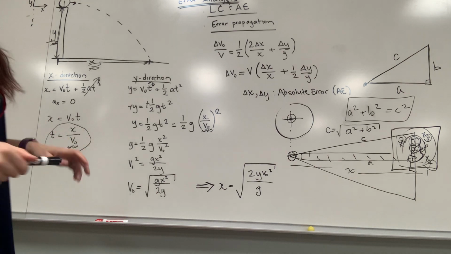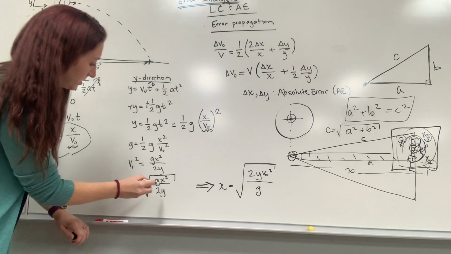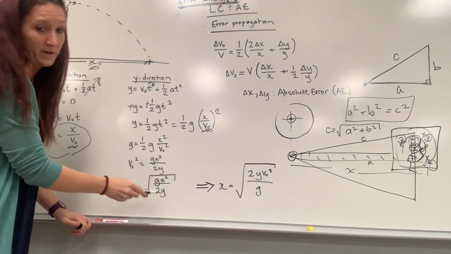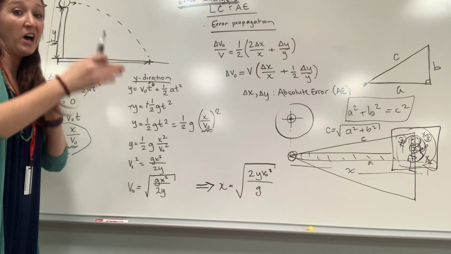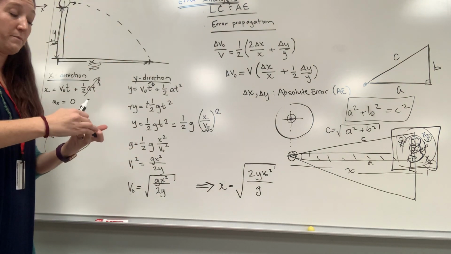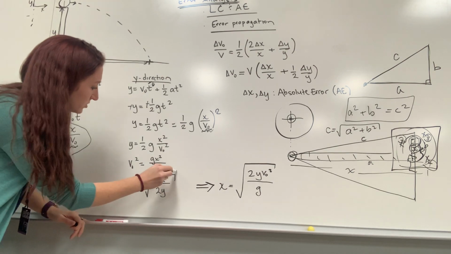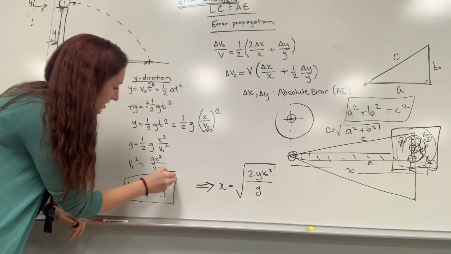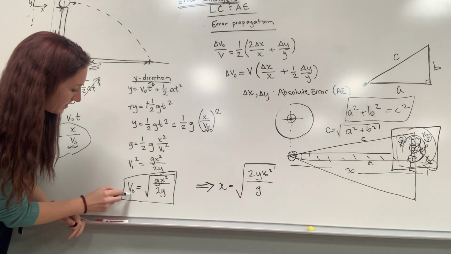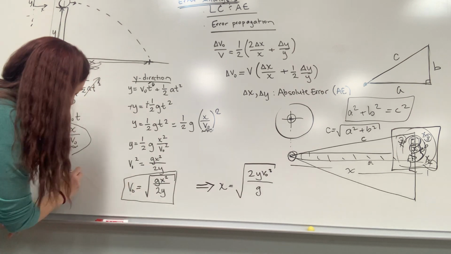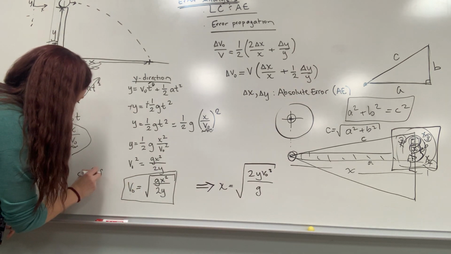So once you have your X measurement and your Y measurement, again, Y is simply the height from the floor to the bottom of the ball, we can solve for our initial muzzle velocity, this V naught. Gravity, as we've seen before, is a constant.